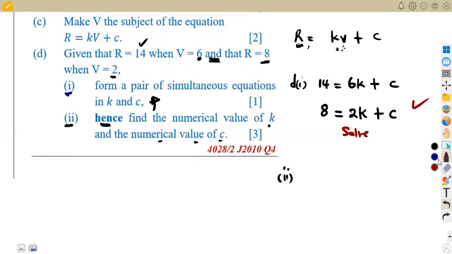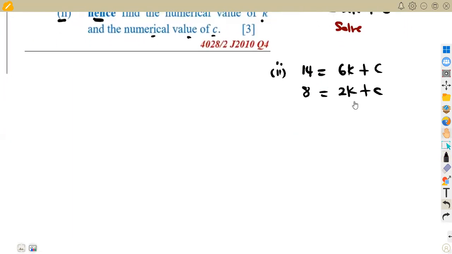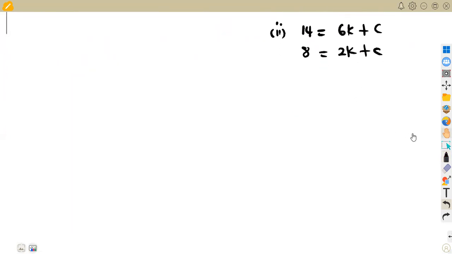So how are we going to solve our equations, given that 14 is equal to 6k plus c, and also 8 is equal to 2k plus c? How can we solve for k and c in this case? In order for us to solve for c and k, we consider that if we check here, c and c is actually the same, so you can eliminate c by subtracting the second equation from the first equation.